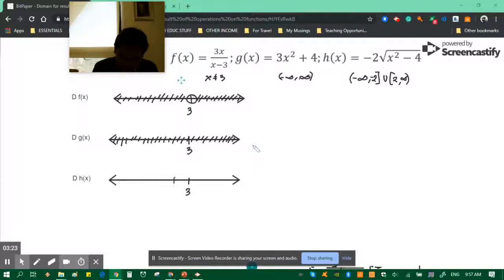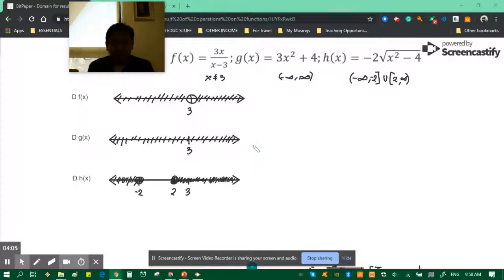We cannot have certain part of this line. We can make use of 2 because it says it's greater than or equal to 2, and we also can use numbers less than or equal to -2. So there, that's how their domains match up.